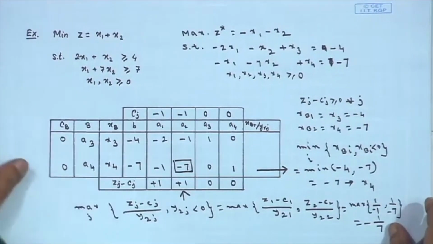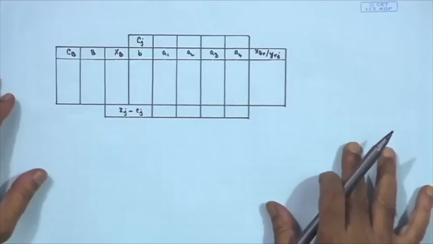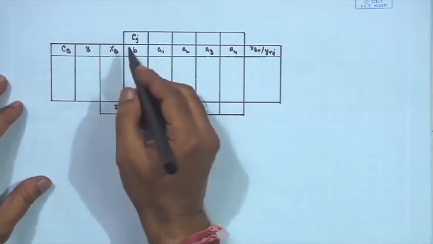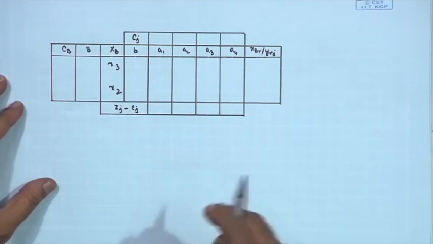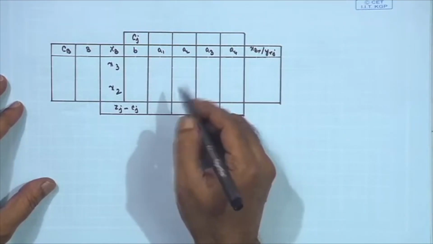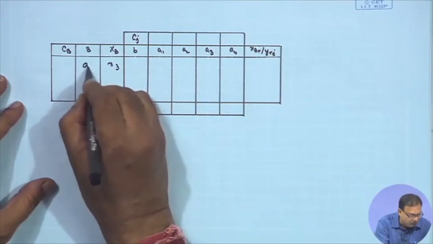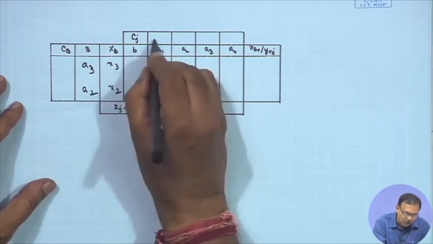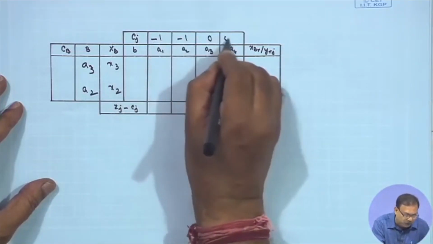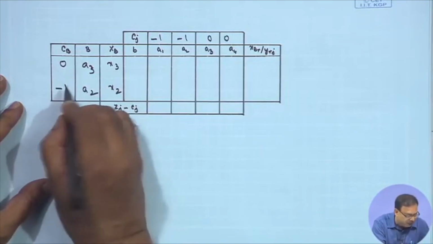So, from here we are calculating, next your x 3 will be coming here, and x 4 will be replaced by x 2. So, you will have here a 3 and a 2, c j minus 1 0 0, this will be 0 and minus 1.